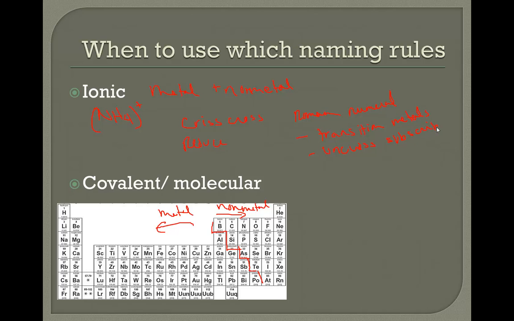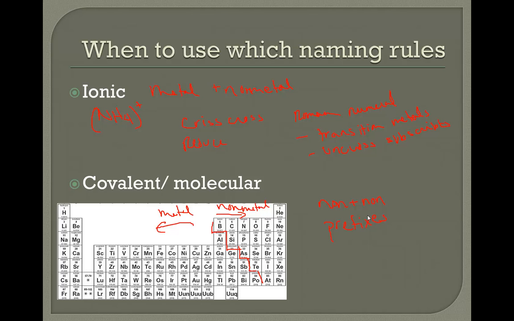Just like we crisscross to get the subscripts there, you can uncross it to figure out what the charges are. And always double check the anion. Alright, so molecular or covalent is nonmetal and nonmetal bonded together. And you're going to use prefixes. There are no tricks to that one.